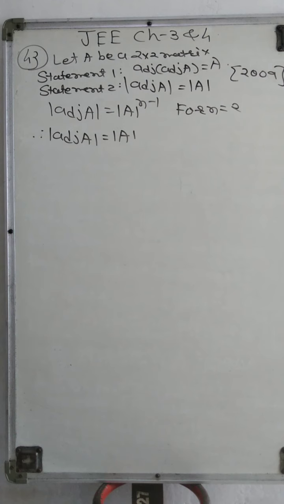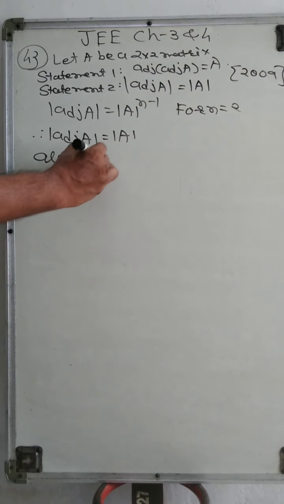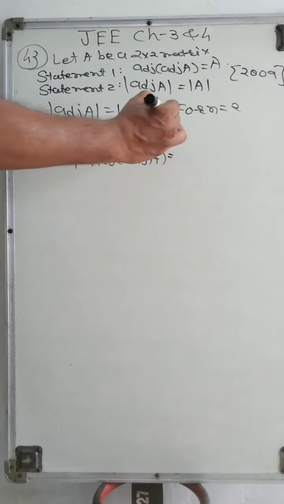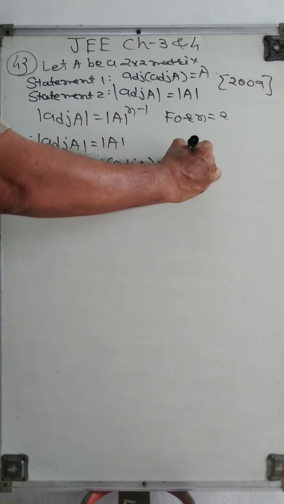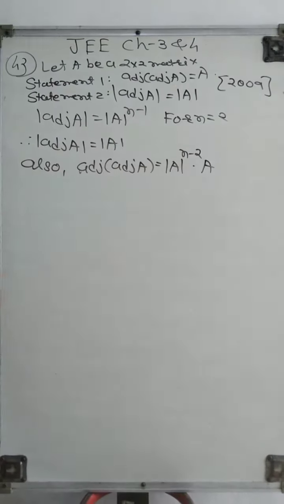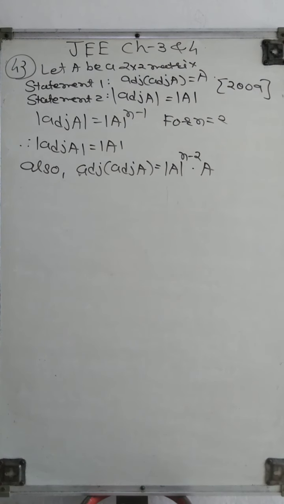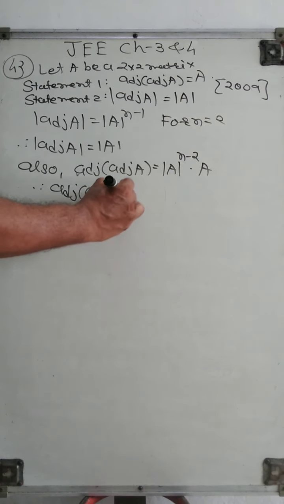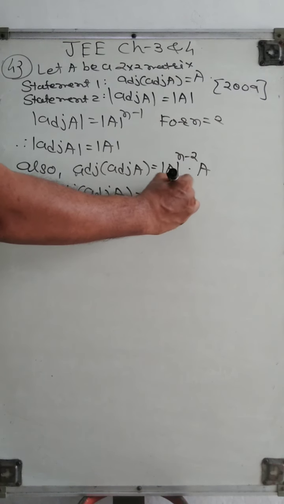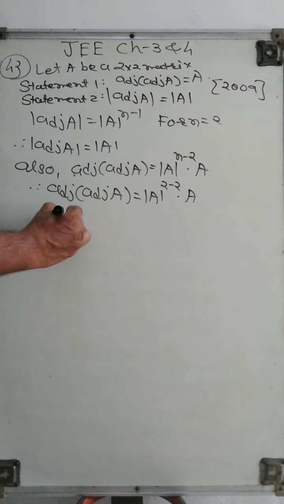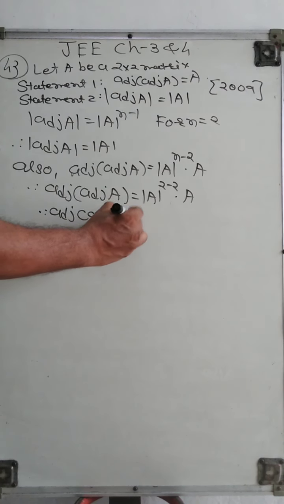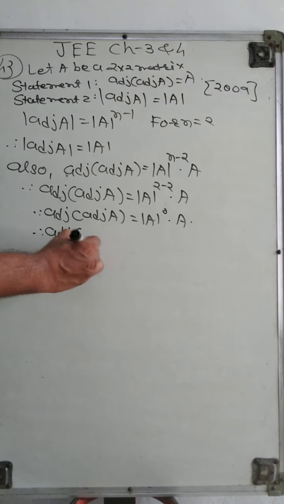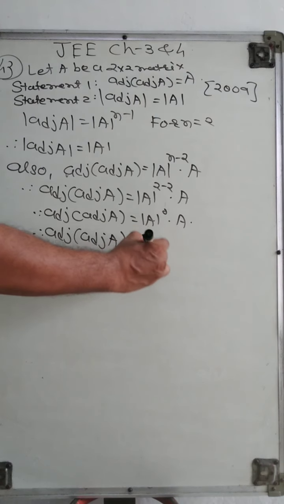And we also know that adjoint of A is equal to determinant of A raised to n minus 2, into A. Therefore, adjoint of A is equal to determinant of A raised to 2 minus 2, into A, which is determinant of A raised to 0 into A, meaning adjoint of A is equal to A.